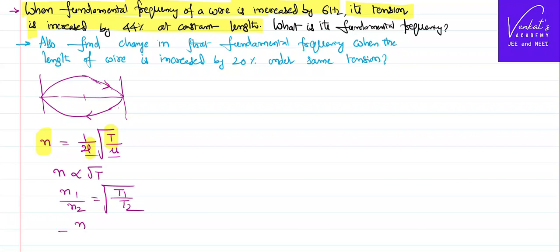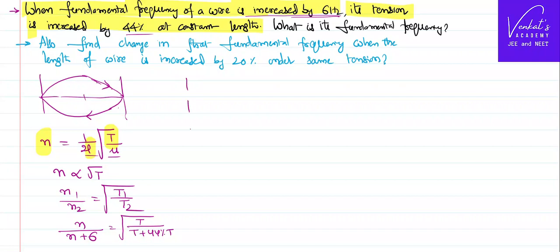If I call N1 as N, N2 has to be written as N plus 6, because he said fundamental frequency is increased by 6 Hz. Root of, if I call T1 as T, T2 as T plus 44% of that, since tension increased by 44%.